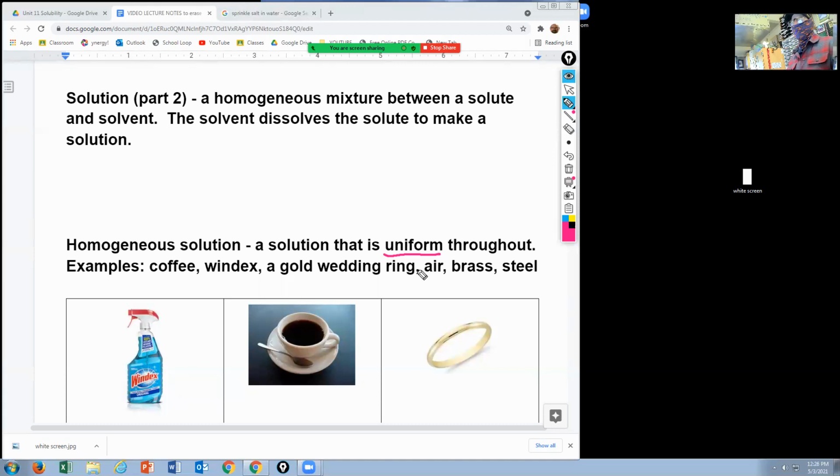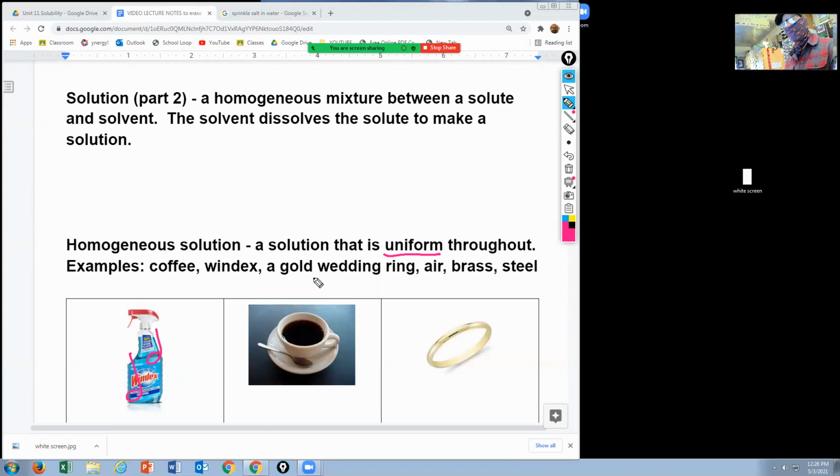What it means is that if you have a solution like this Windex, which we use for cleaning windows, let's just say that you take a spoon and you dip down into the Windex. Will you get a better solution if you take the Windex at the top or if you take the Windex at the bottom? Or are you going to get the same no matter where you take a scoop? Hopefully you said you're going to get the same no matter where you take a scoop.